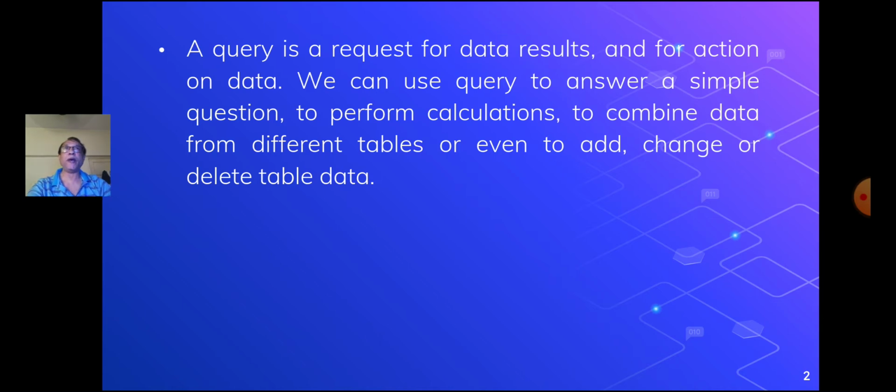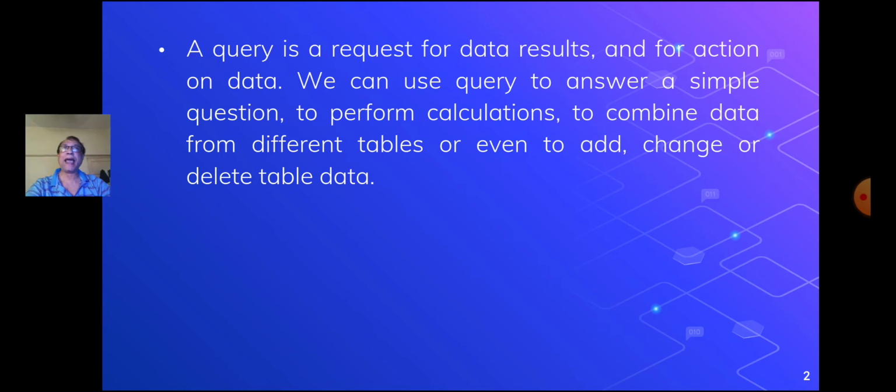MS Access provides various types of queries, namely select, parameter, crosstab, action, and SQL query. Queries that we use to retrieve data from a table or to make calculations are called select queries.